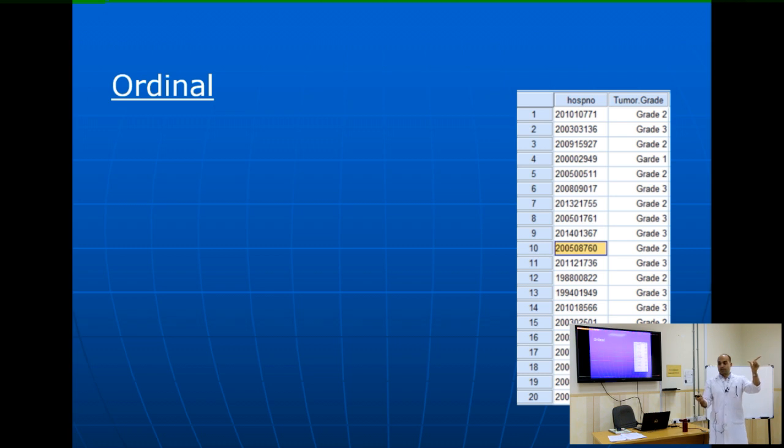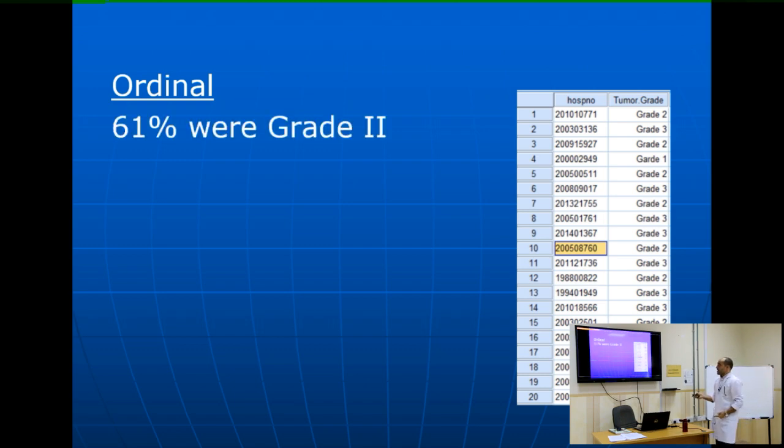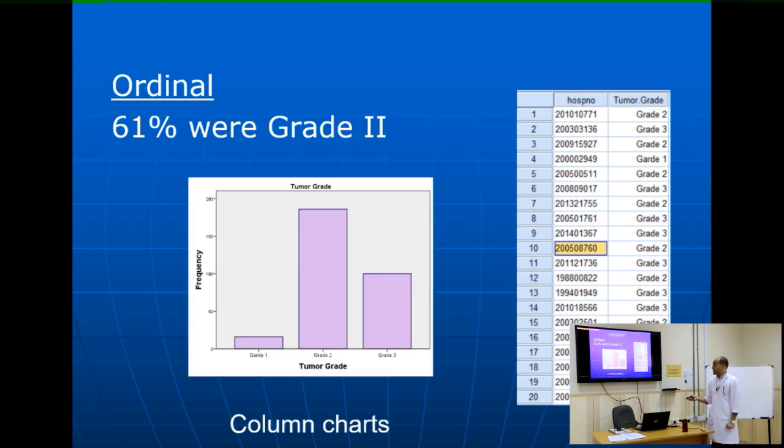Okay, which kind of chart? Column chart. Column is okay, pie okay. It's okay, but classically bar chart or column chart. Numbers, how can you express them? Percentage the same. Okay? I will say 61% were grade 2. And this is the column chart.